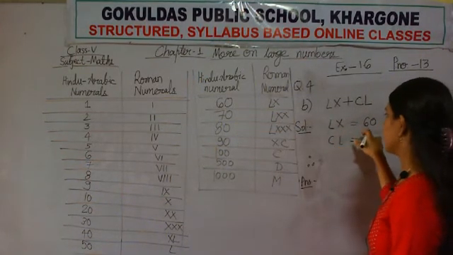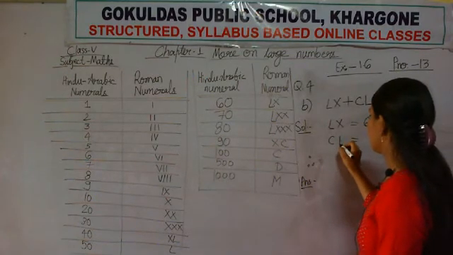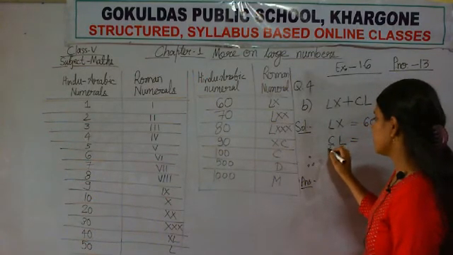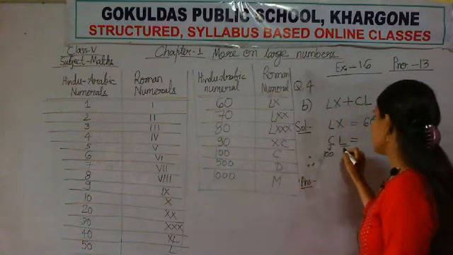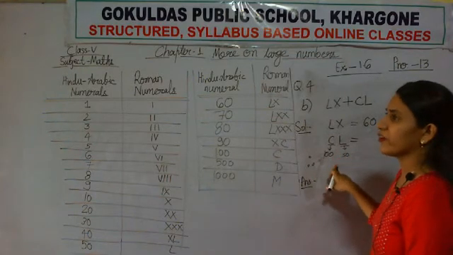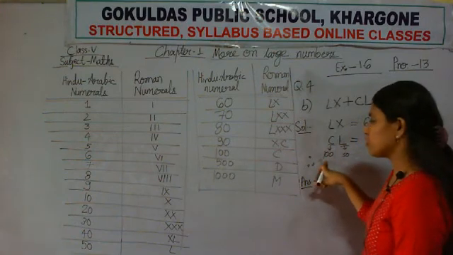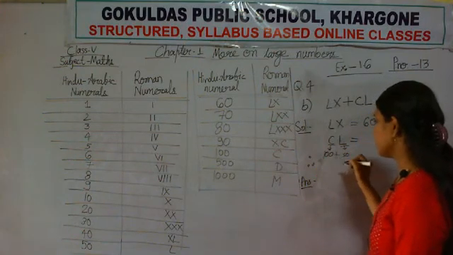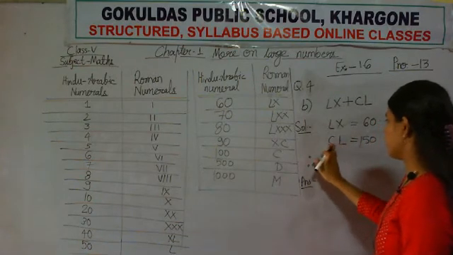So LX in Hindu Arabic number is 60. CL: C means 100 in Hindu Arabic numerals and L means 50. 50 is smaller than 100 and is written right to the 100, so you will add it. So 100 plus 50 is 150.